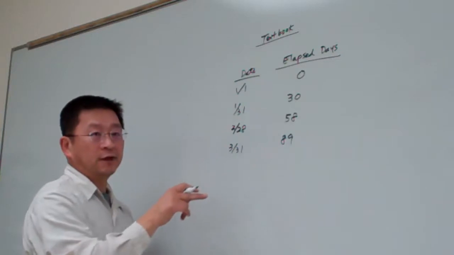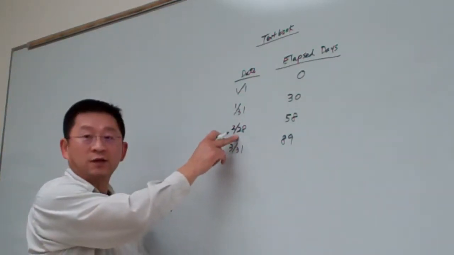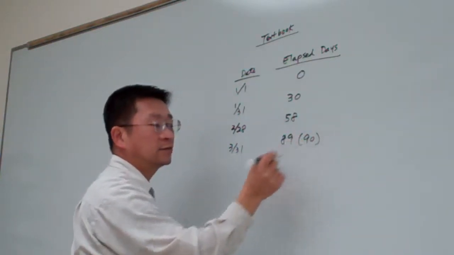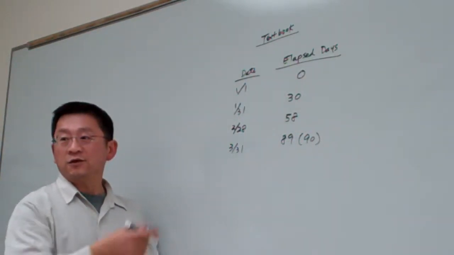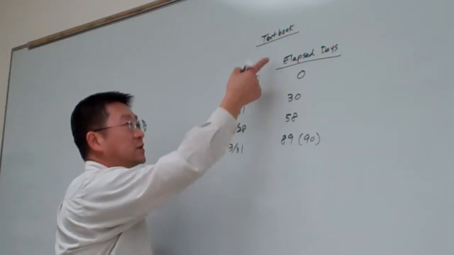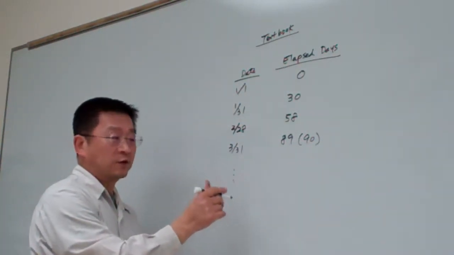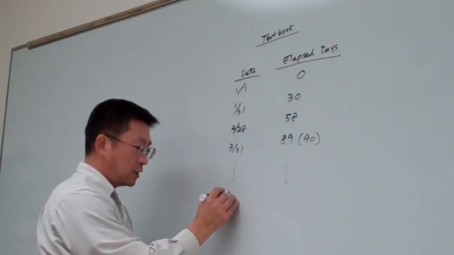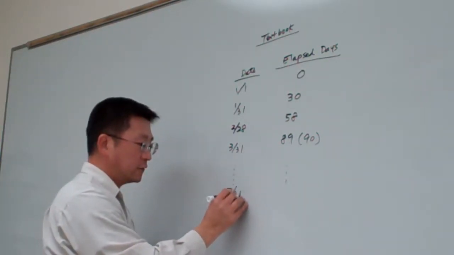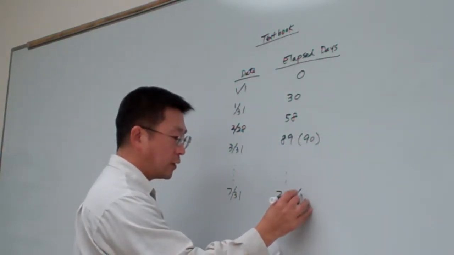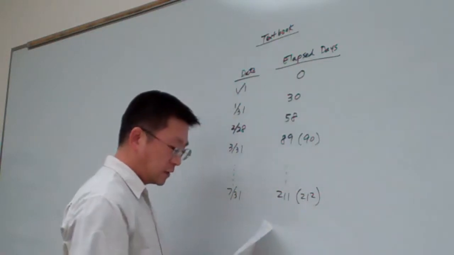If that year is a leap year, we have one more day in February, so that would be 90. Okay, so you can accumulate this. Basically, this is a table available from our textbook. So let me continue, skip a few, and go to July 31st. July 31st is 211 days, or in a leap year, 212 days.